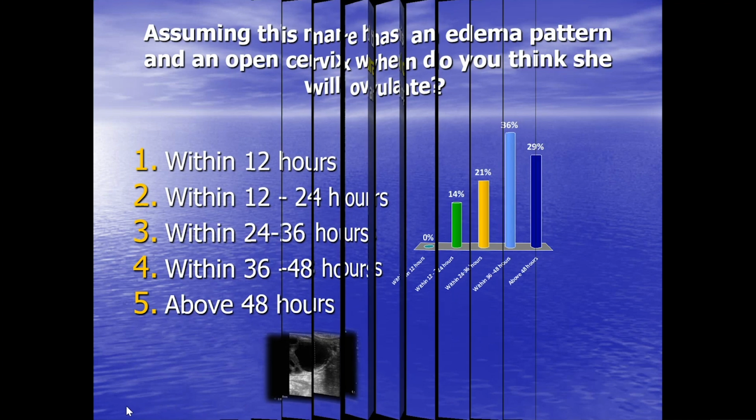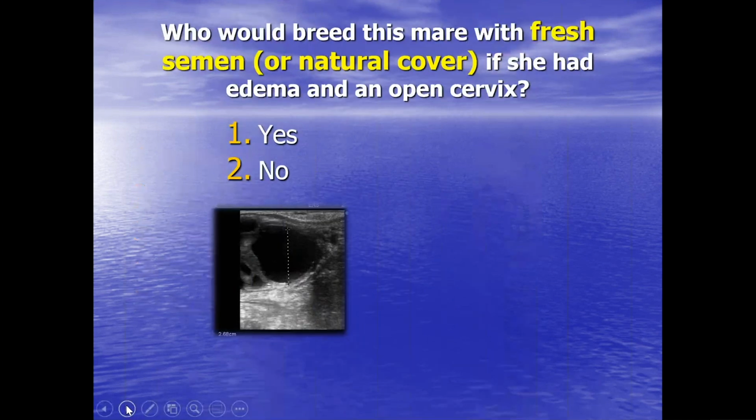So I thought this might be quite a nice way of drawing out a different way of looking at sperm longevity, which is important when we're predicting ovulation. It all depends on having a viable oocyte and viable sperm.